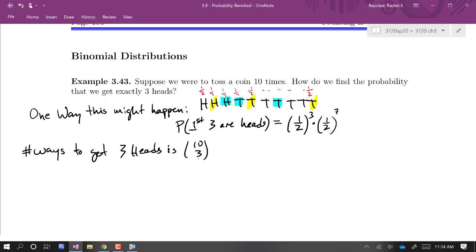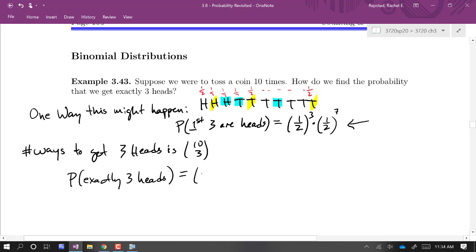So now each of these 10 choose 3 ways to get 3 heads has this probability, the 1/2 cubed times 1/2 to the 7th. So the probability of getting exactly 3 heads is 10 choose 3 times 1/2 cubed times 1/2 to the 7th.